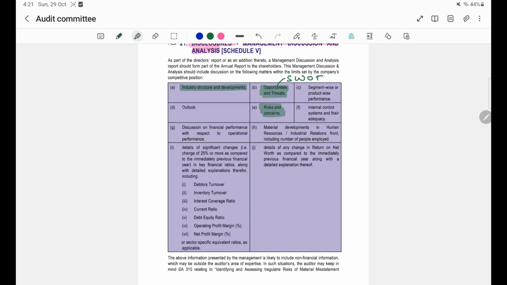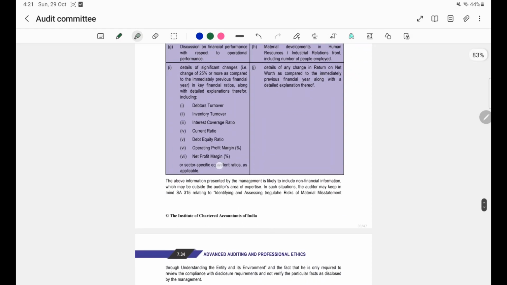Then risk and concerns, outlook, segment wise or product wise performance, internal control systems. Then there are too many ratios which easily you can remember. There is debtors turnover ratio, that is DTR, inventory turnover ratio, interest coverage ratio, current ratio, debt equity ratio, operating profit margin, net profit margin.